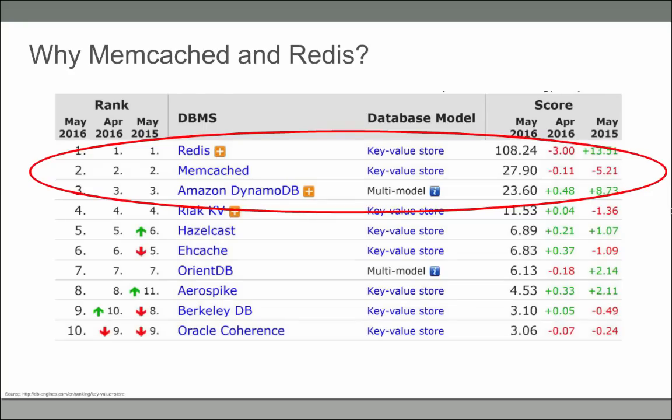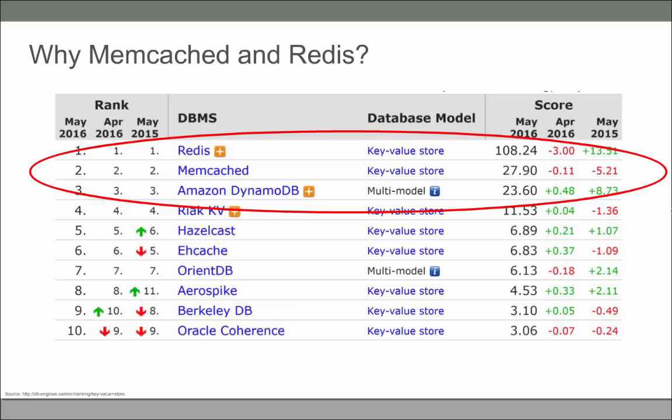So why is it that ElastiCache decided to support these two engines? In this ranking done by dbengines.com among key value stores, Redis is the clear leader in popularity, followed by Memcached. But it's not just these rankings, also in terms of our customers, Redis is becoming the most popular choice for in-memory workloads.